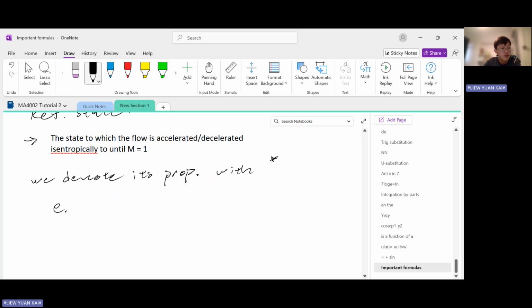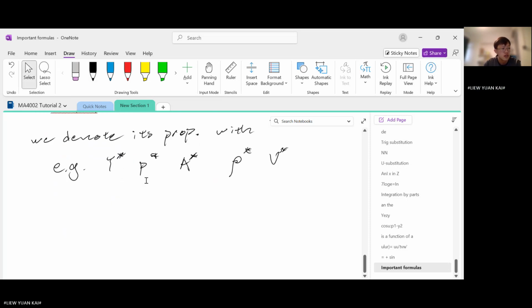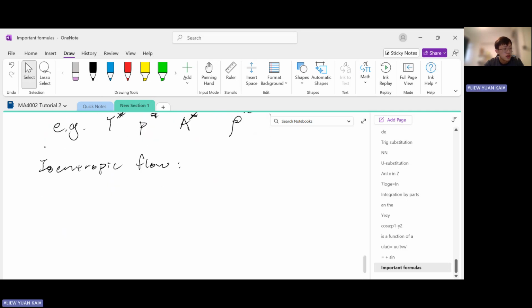For example, its critical temperature, critical pressure, critical area, critical density, and the critical velocity. Let me just write this down first.